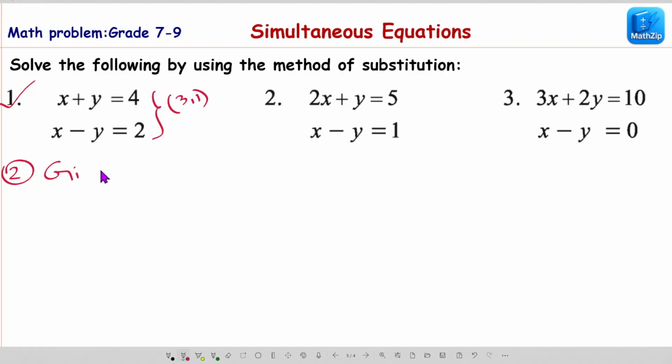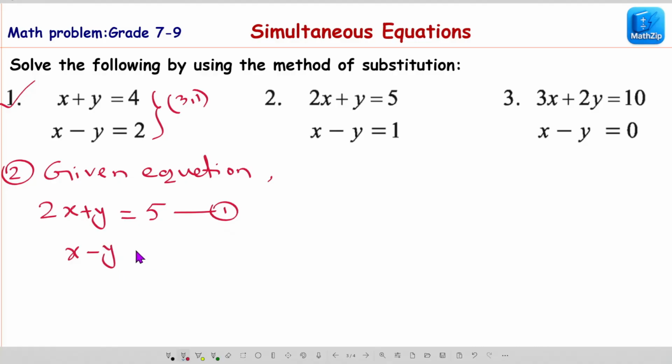Given equation: 2x plus y equals 5. This is equation 1, and x minus y equals 1. This is equation 2, right?